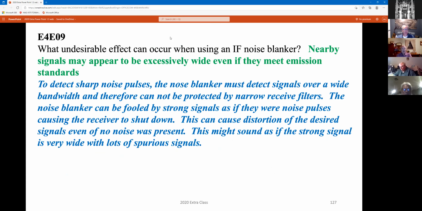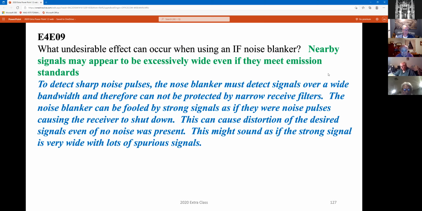What undesirable effect can occur when using an IF noise blanker? Nearby signals may appear to be excessively wide, even if they meet emission standards. So it's a distortion thing, is that right? Yes. Okay.